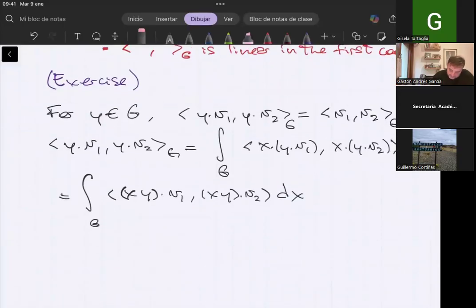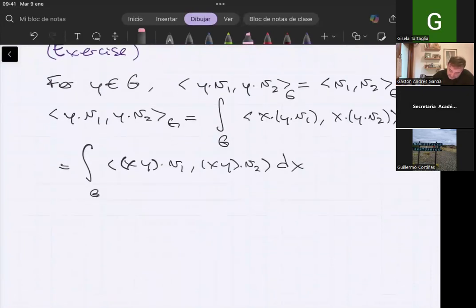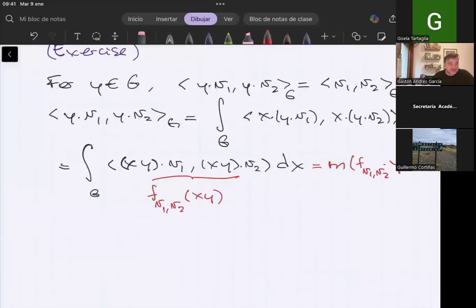This is not the G here, yes. And if we look at this carefully, as I wrote before, this is the function f V1, V2, but evaluated in xy, yes? So what we are computing here is the measure of the function f V1, V2, but translated by y on the right.